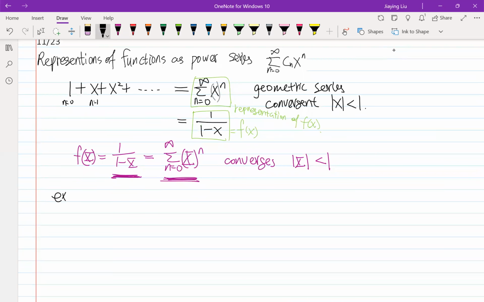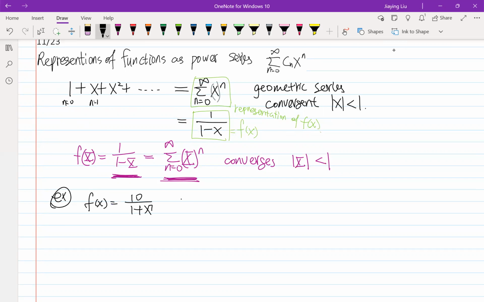Here's the first example. Suppose we have this example f of x, lowercase x now. Capital X is only for the general form, but lowercase x is what we normally use to define a function. f of x equals 10 over 1 plus x to the 7th power.